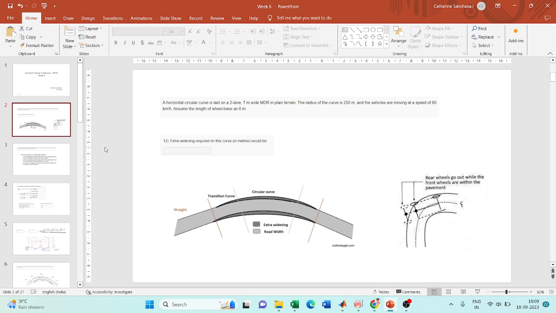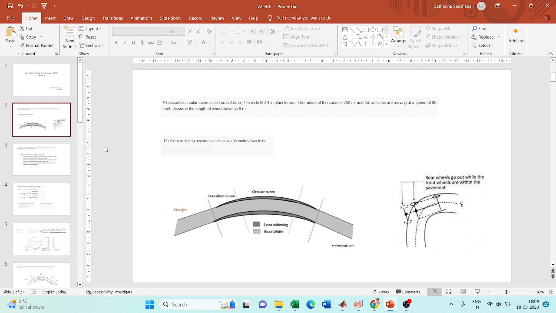To begin with, last week we did not complete the entire set of questions. We had something left behind. We were yet to talk about extra widening. So in this session we will start with last week's portions, which were left behind, and then proceed to this week's portions.